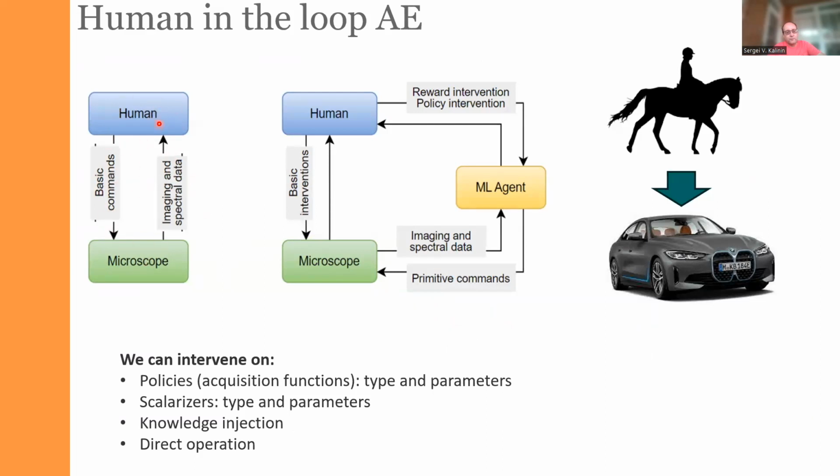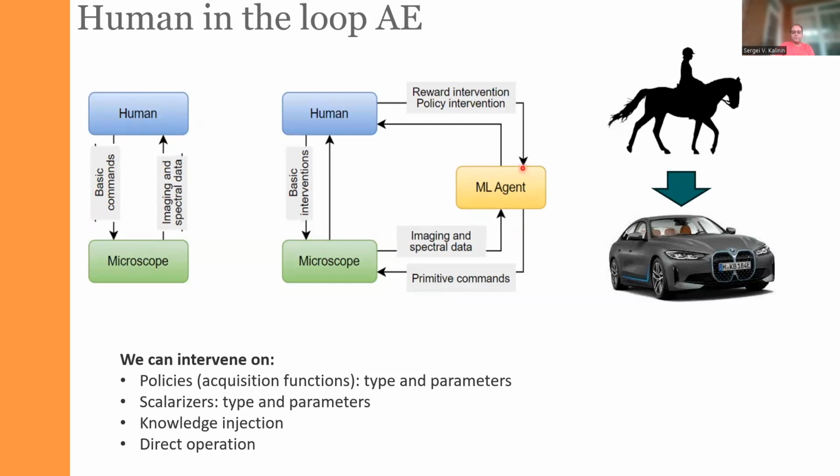We have a human that issues the basic commands to the instrument, and the instrument generates imaging and structural data. The human analyzes this data and issues the next set of commands. Sometimes our basic command is take measurement on the grid. This is a kind of universal approach by now. But nonetheless, the decision making is done by the human.